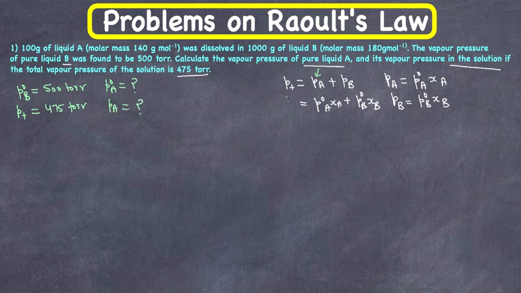So we can definitely use this formula over here because we know P naught B. We need to find P naught A, and they gave us PT. And the other unknown things in this formula are XA and XB, the mole fractions of A and B. But they gave us the molar mass, so we can find the mole fraction easily.